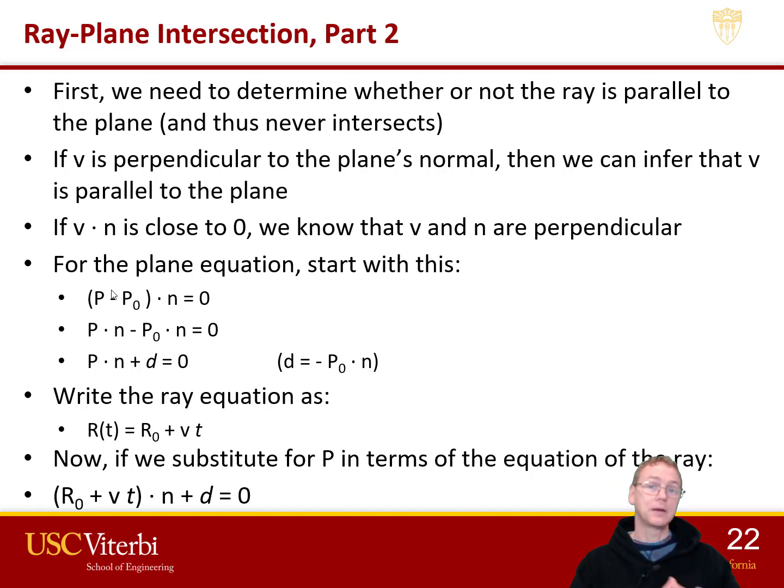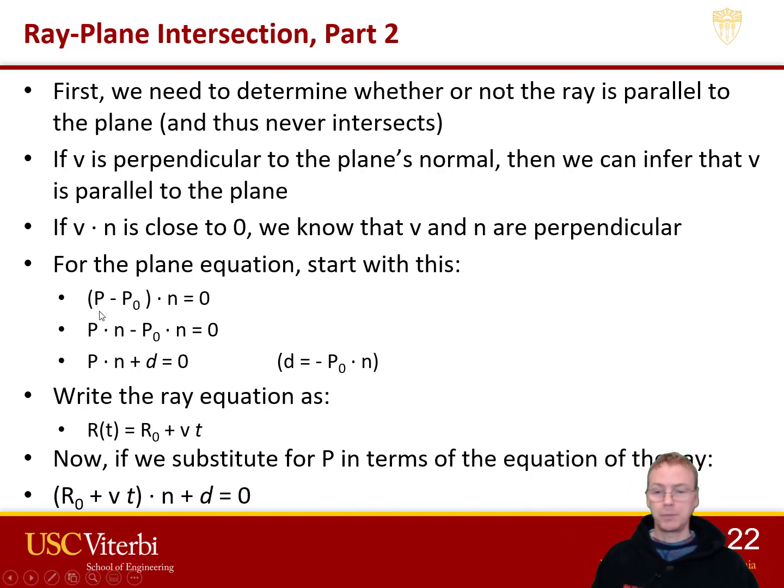Every point in the plane must satisfy this condition: if I make a vector from the given point in the plane, P0, which is definitely in the plane, to my point P, that vector is definitely part of the plane.